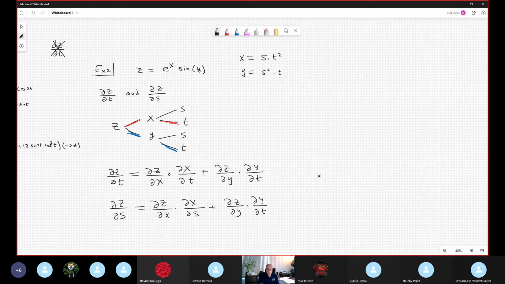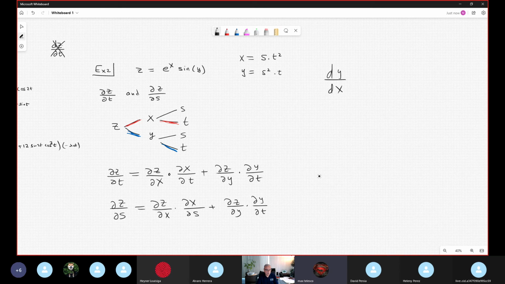Professor? At the very end, is that supposed to be dy over ds, or is it supposed to be over dt? At the bottom, what you just wrote, the partial derivative of z over ds. Look all the way to the end of your line.